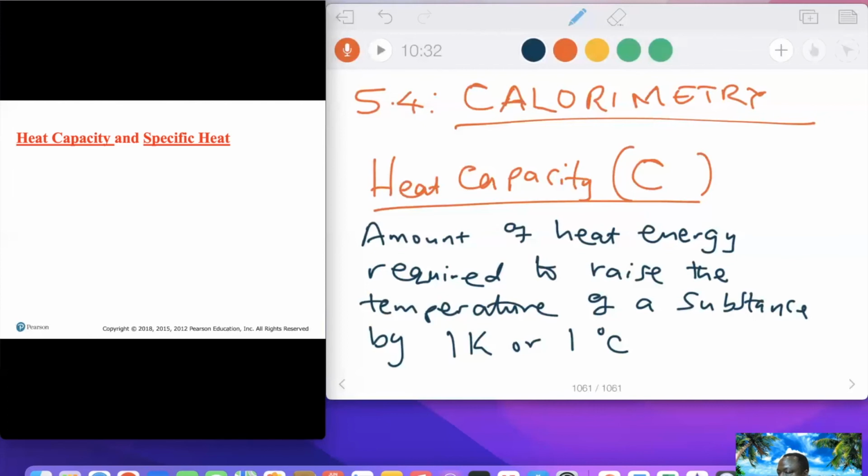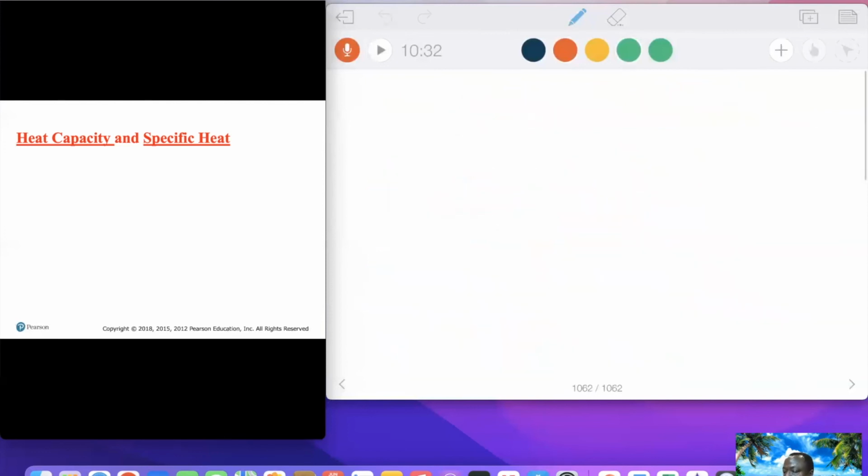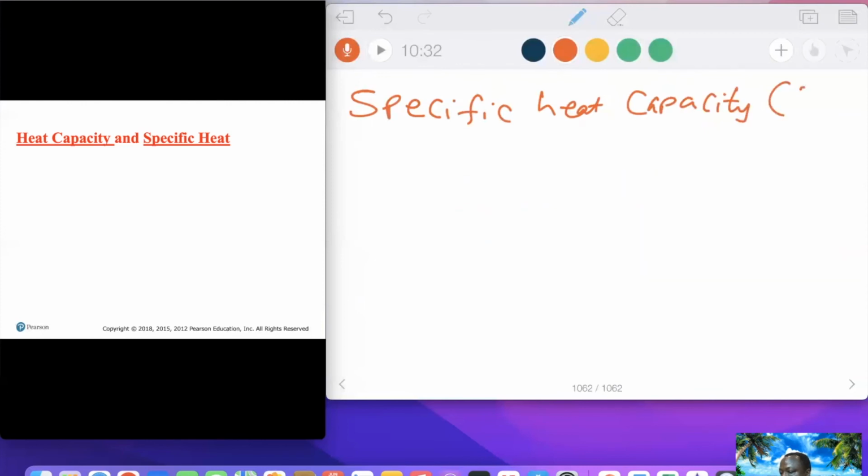The units, I've seen problems asking you the units. This is given by joules per degree Celsius. On the other side, specific heat capacity, denoted C and then a small s, for specific. Look at how you define this.